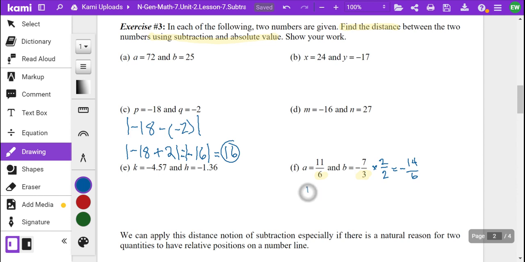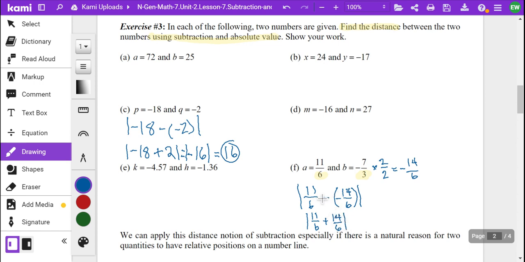So I have the absolute value of 11/6 minus negative 14/6. And I'm going to rewrite this because I have two negatives. So minus a negative is the same as adding. So now I have 11/6 plus 14/6. So much nicer, right?